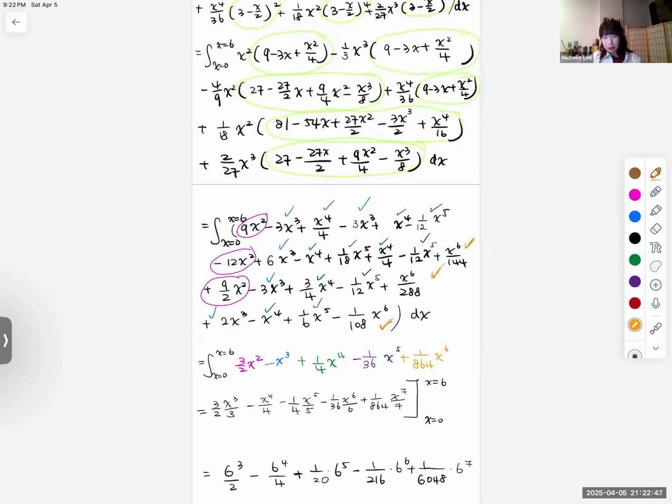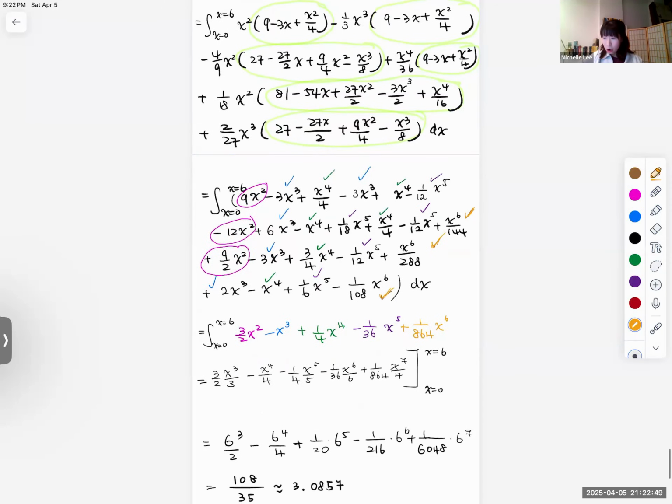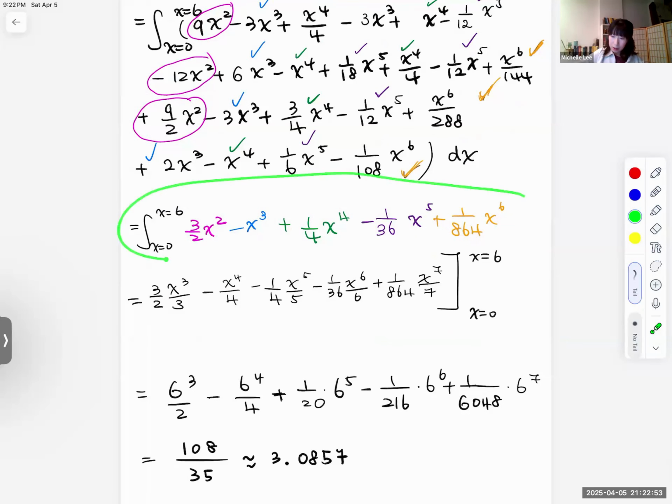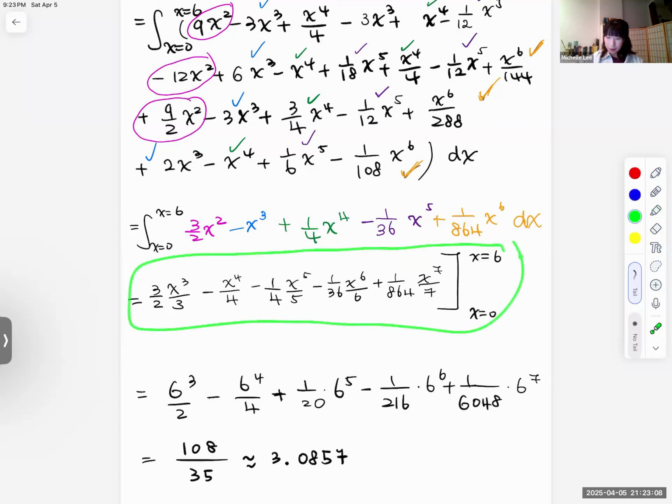Yeah. Okay. Now we have this one, missing the x. So we want to integrate with respect to x. This is what I got.